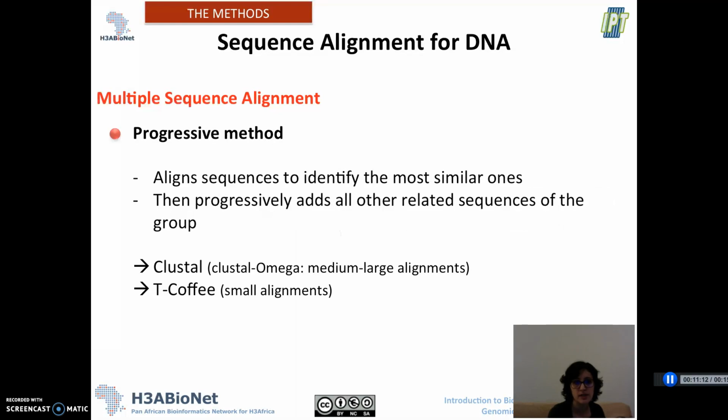You also have progressive methods that allow you to align sequences in order to identify the most similar ones, and they progressively add all other related sequences to the group. So let's see the example of Clustal in order to highlight this. There are different progressive methods, of course, but I will only be talking about Clustal here.